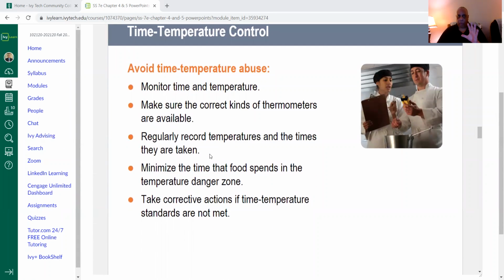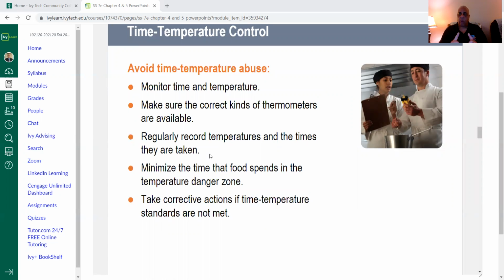Now, to avoid time temperature abuse, here are 5 tasks that you need to do. You monitor time and temperature. You make sure that the correct kinds of thermometers are available. Also, regularly record temperatures and the times they're taken.